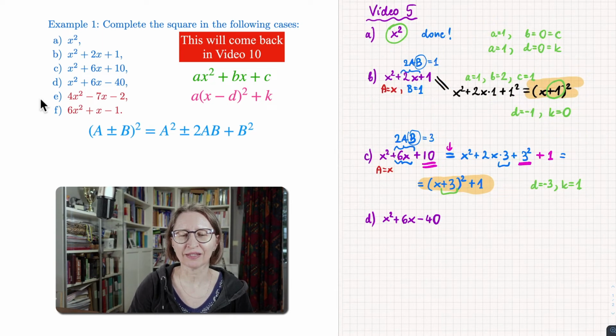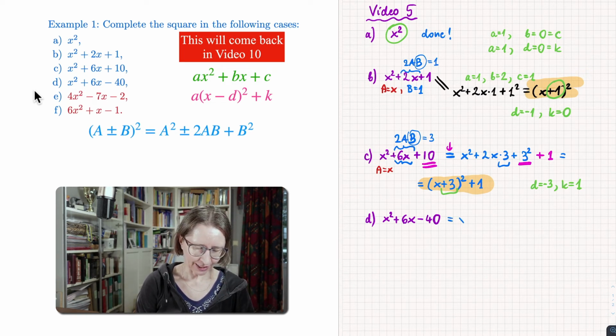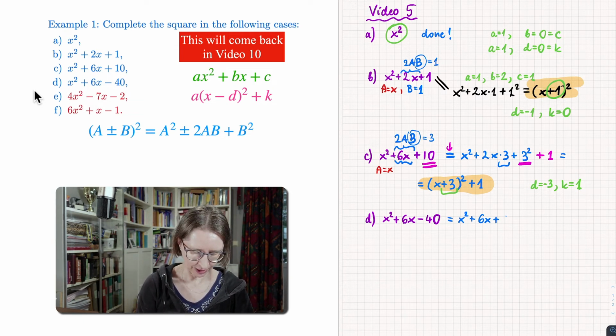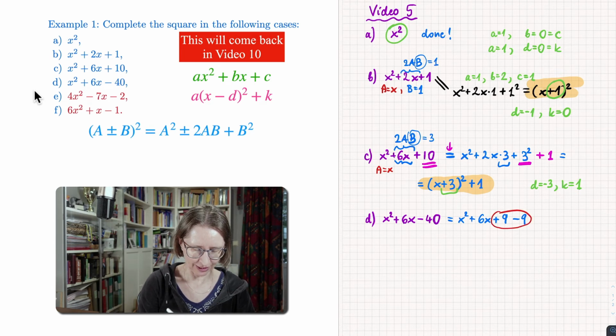And the next one, d, is pretty similar to the previous one, so we can use the computations there. So first we get x squared, then we get plus 6x, and then we have to complete with 9. We know this from the previous exercise, and then of course we have to subtract this 9 so that we get this zero operation here.